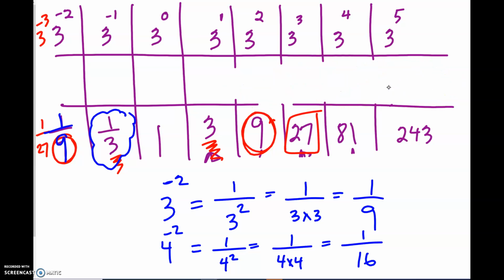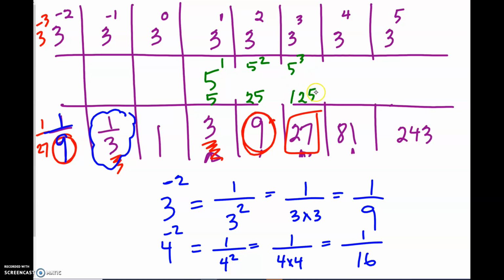So if I go in here and I just pick a 5 to the first instead, 5 to the first is 5. If I have 5 to the 2nd, that's 5 times 5 is 25. And then if we keep the pattern going, 5 to the 3rd is 5 times 5 times 5. That's 125.